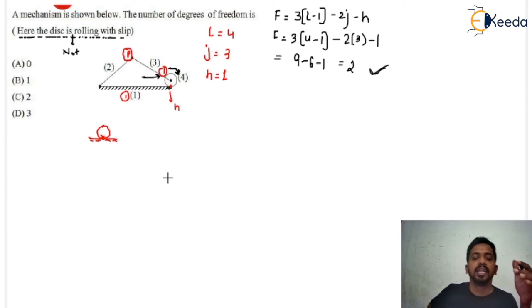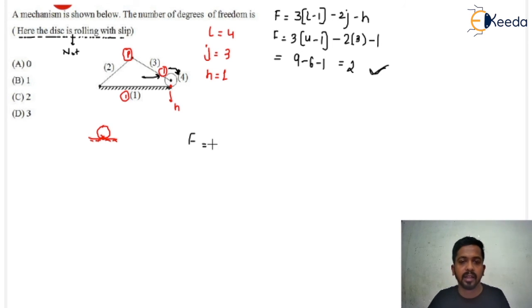Redundant motions means the number of those motions which are not part of the mechanism. So there will be one redundant motion, Fr is equal to 1. Fr means the number of those motions which are not part of the mechanism.